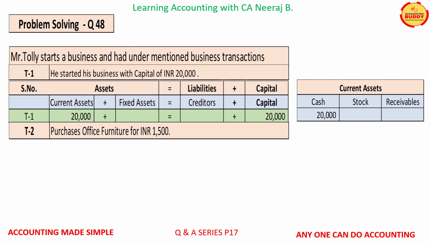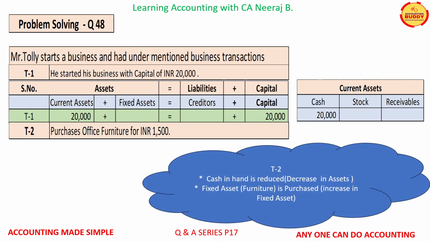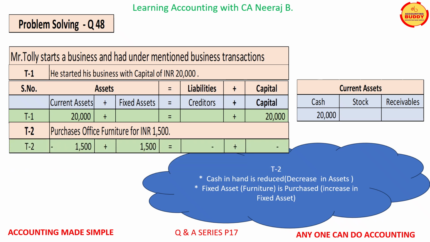Under transaction number T2, Mr. Tolly purchased office furniture for 1,500. Two accounts which are getting affected are first, assets as the furniture is purchased, and second, again the assets as the transaction is settled by cash. Since both the accounts affected are assets, both amounts will appear on the left hand side of the accounting equation.